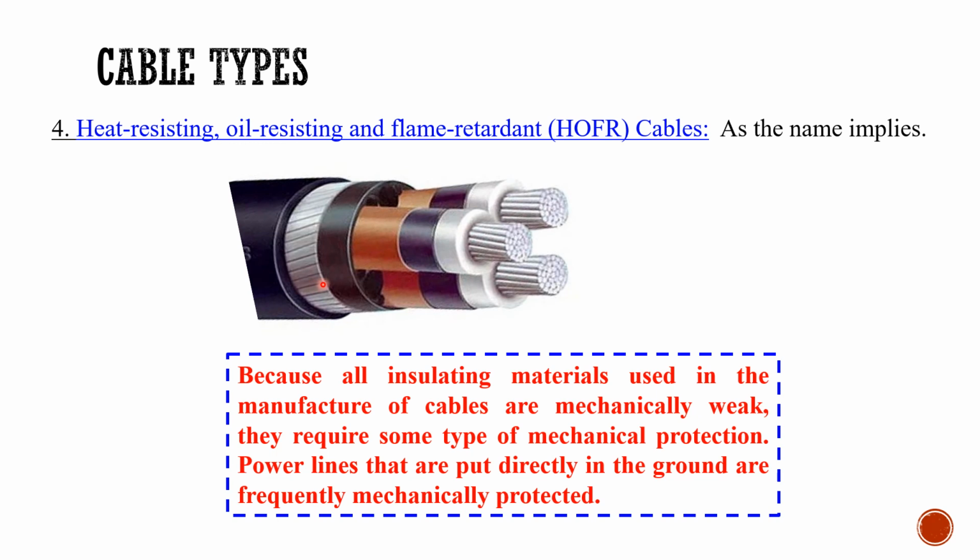After one layer, you put another layer. Those of you who may have worked with armored cable know you put this steel to give it mechanical strength, so that the cable will not be destroyed, especially when buried in the ground, or laid in a place where machines will be passing on top of them.